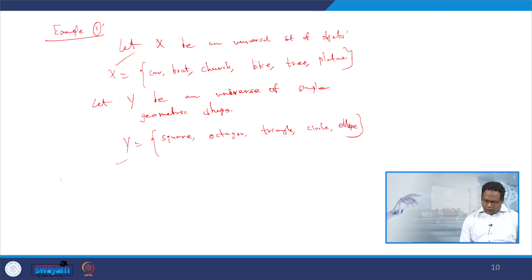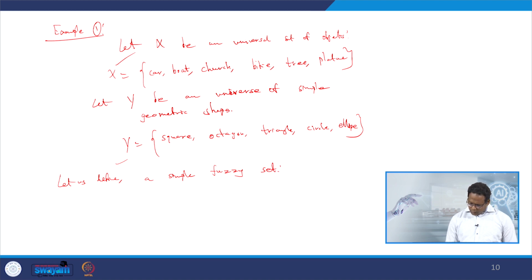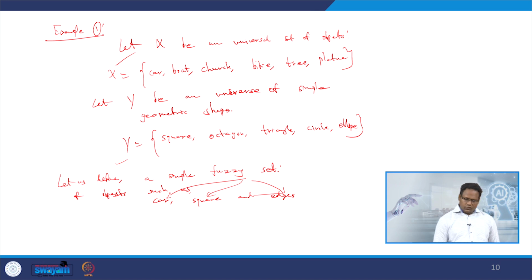Okay, so now let us define a simple fuzzy set of objects such as car, square and edges. Each one is a fuzzy set. A simple set car and another simple set square and the third simple set is edges.